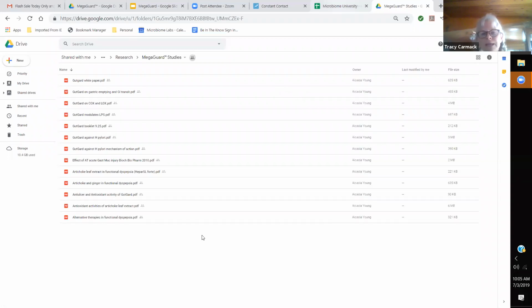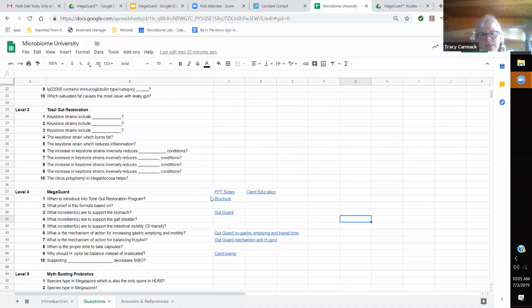So I put those links here in the Microbiome University, as well as the slides that we're going to go over today. And on each one of these, where there is a specific point that's made, I've tried to reference that individual white paper. If there's other things that I'll be researching, I'll have a reference for you in this one location.